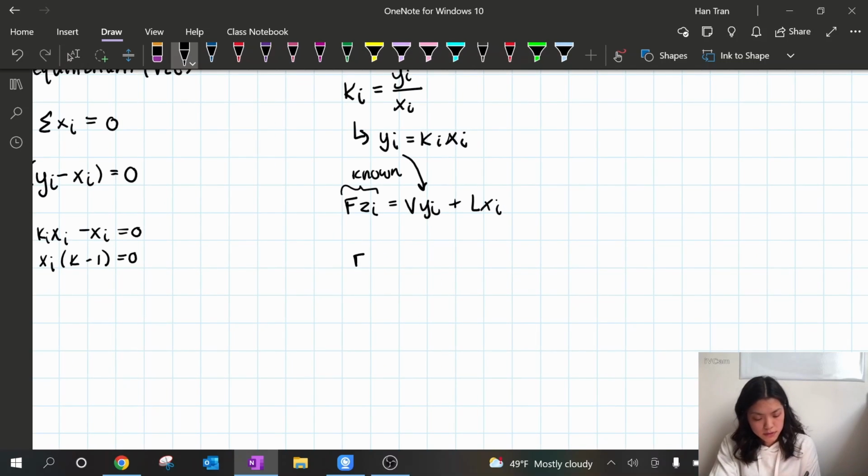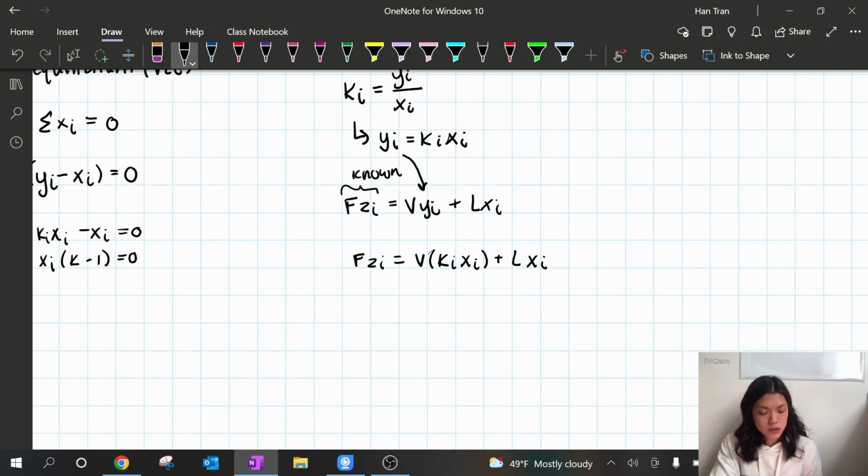So that's going to give us the feed times the feed mole fraction of component I equals the vapor times the ratio times the liquid mole fraction plus the liquid times the liquid mole fraction.